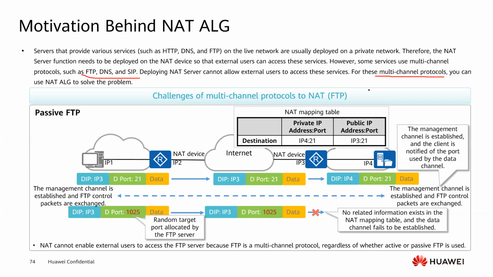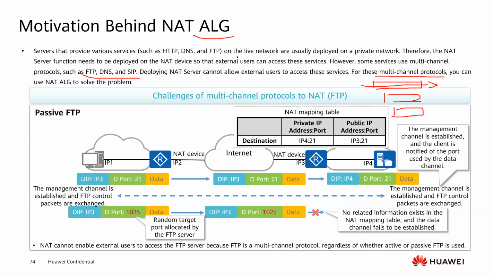Well-known multi-channel protocols. The ALG is used for that. Basically, multi-channel means you create a first channel and then you use this channel to discuss how to establish the rest of the channels.